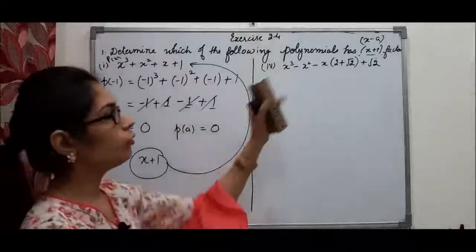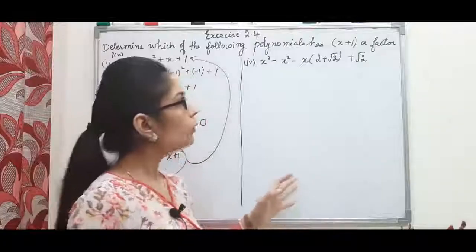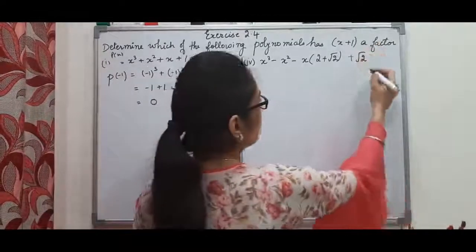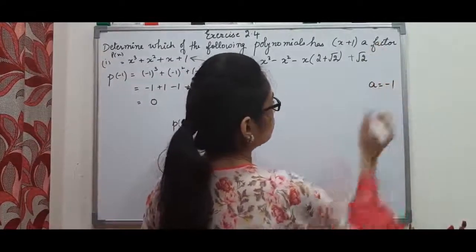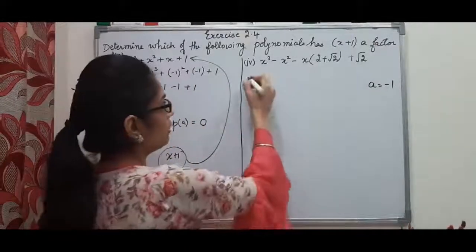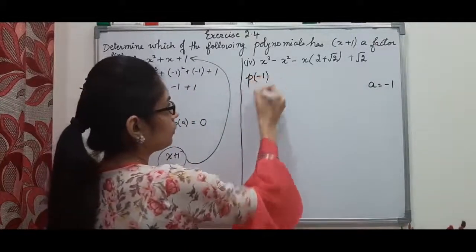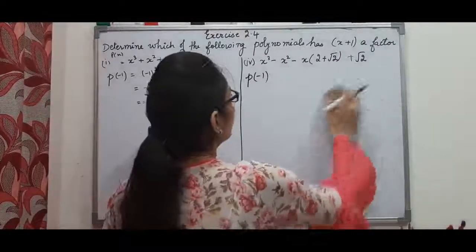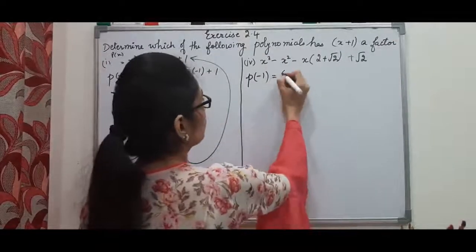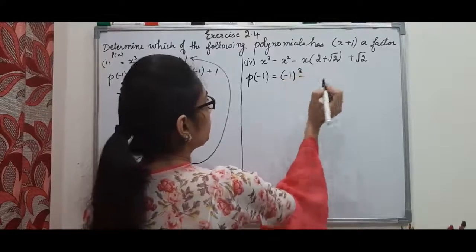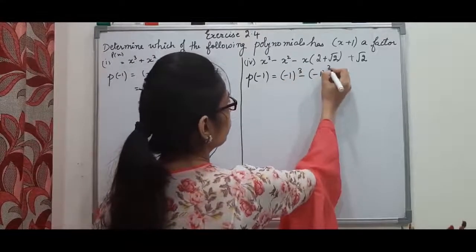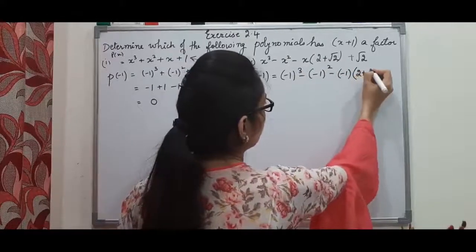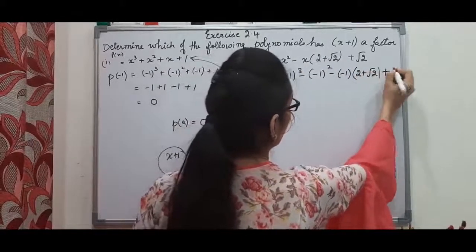Now let's check for the fourth part. So here also our value of a will remain the same. So a is equal to minus 1. So we have to find p of minus 1. Wherever we can see x, we have to fill in x is equal to minus 1. So minus 1 cube, minus 1 square, minus into minus 1 into 2 plus root 2, plus root 2.